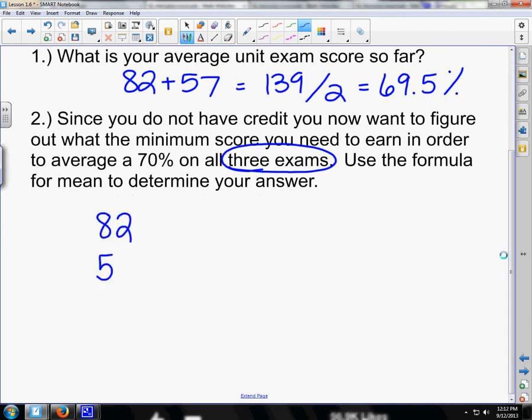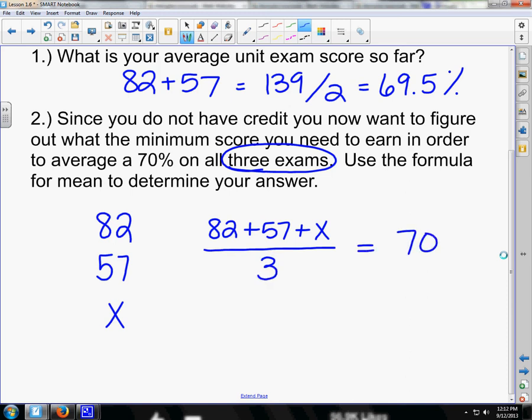And you don't know what you're going to get on this 3rd one, but you want it to equal 70%. So you would add these all up, 82 plus 57 plus x, and I would divide by 3, and I want it to equal 70. So try this problem. Try and see if you can come up with the answer.